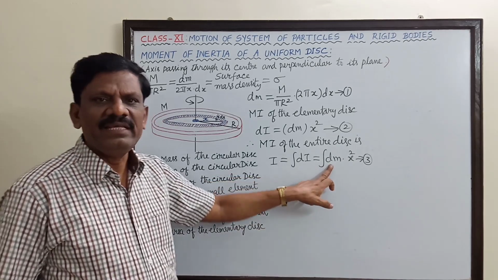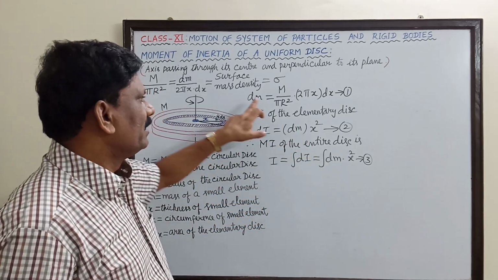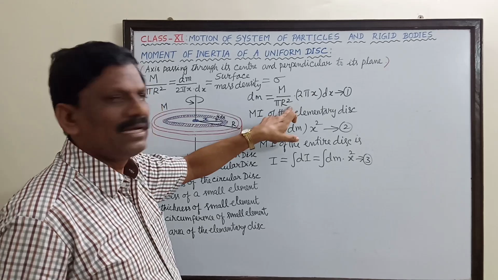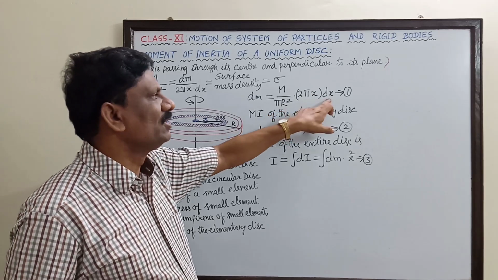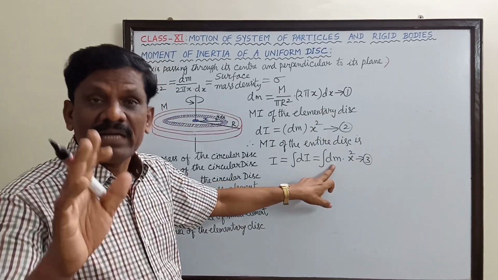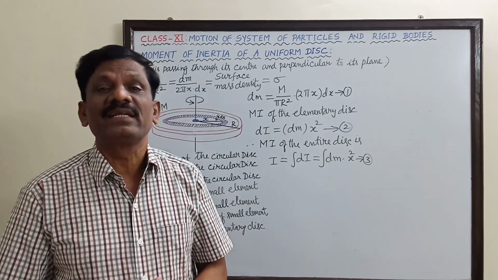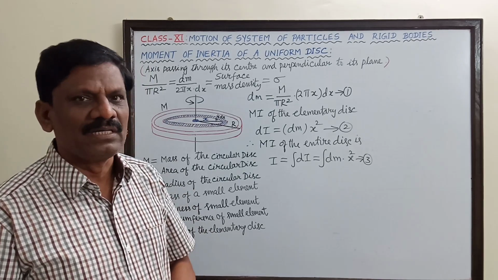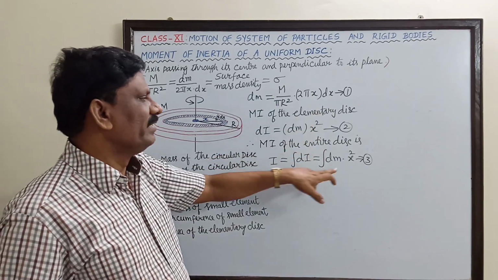Now in place of dm, what do we have to substitute? dm is equal to M by pi R square into 2 pi x into dx. I am going to substitute for dm. And what are the limits of the integral? That is very interesting to note. The limit here, x is the variable.